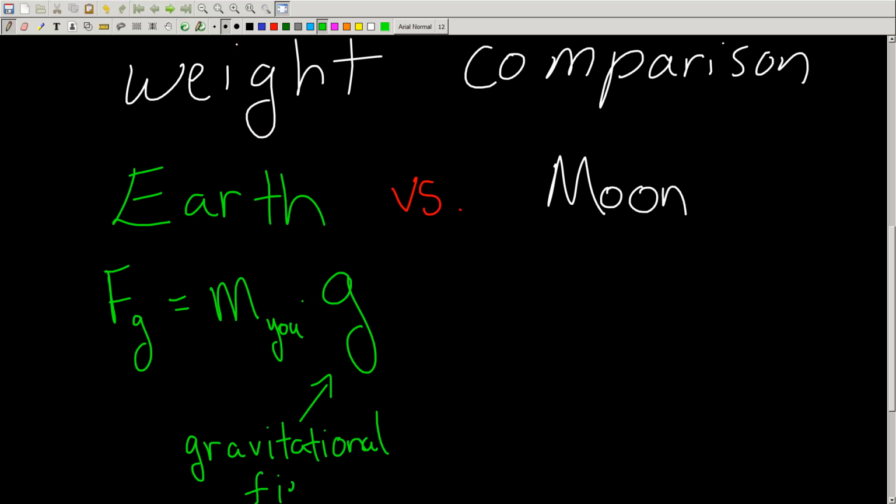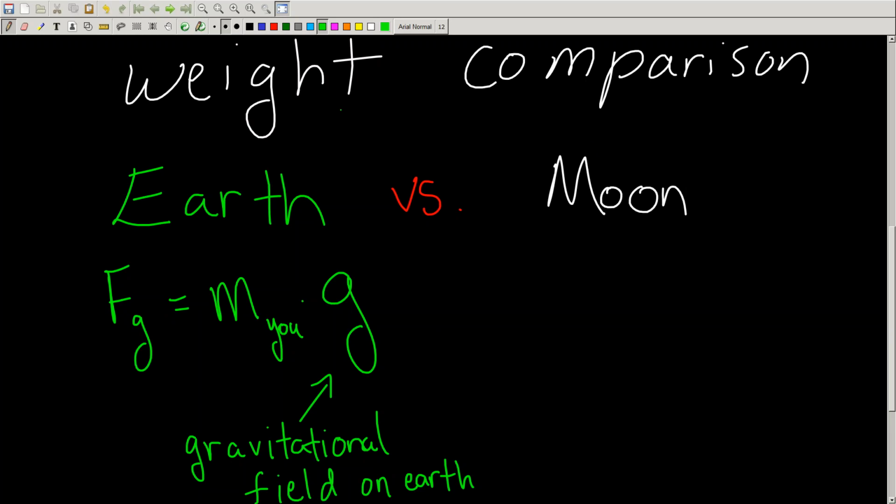This is the gravitational field strength or constant. It's not really a constant, it depends on altitude and a number of things, but let's go with it. So the gravitational field constant on the Earth tells you how strong the Earth's gravitational field is due to its mass.